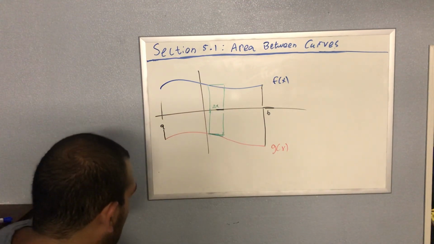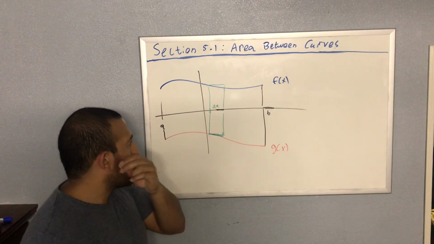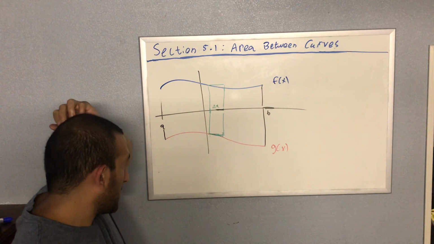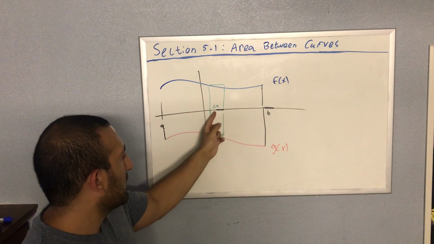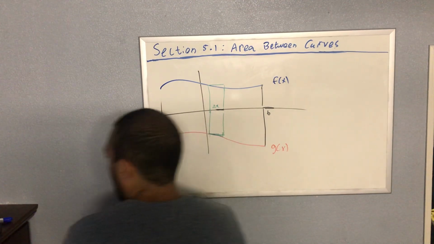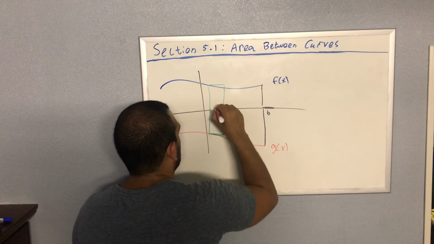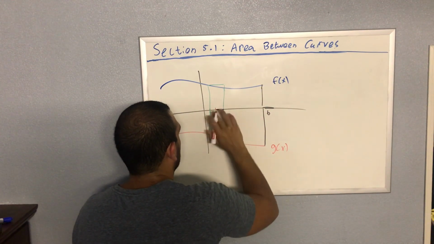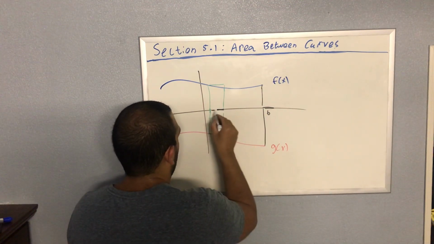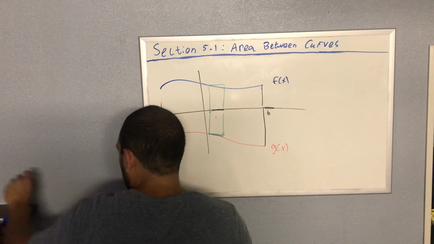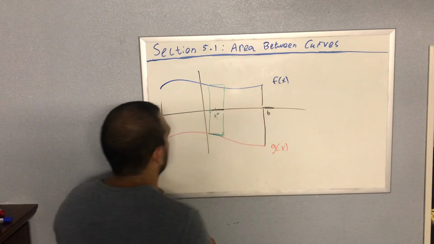Now remember, what we did is we chose some sample point within this interval. From anything from here to here, we pick some sample point. Let's say we choose this point x sub i star.